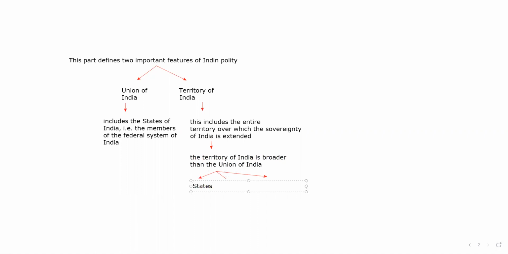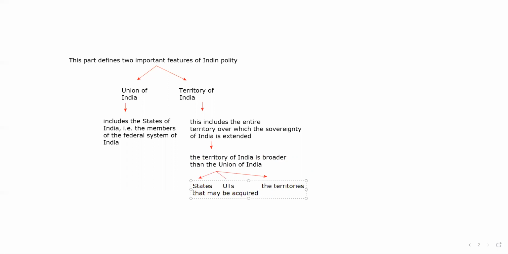Number two, it includes the various UTs. And number three, it includes the territories that may be acquired.